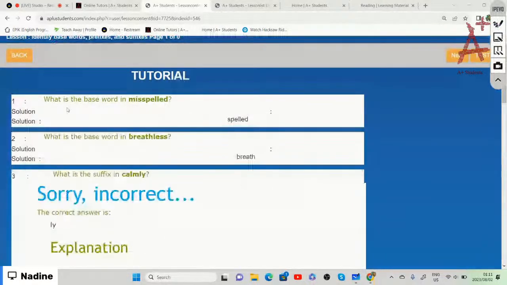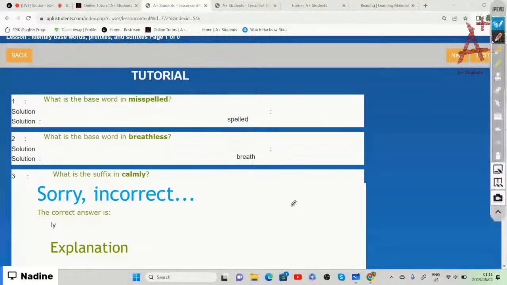So now it says, what is the base word in misspelt? We need to identify the base word in misspelt. If we identify the base word in misspelt, then we will say it is spelt. Spelt is the base word that can stand on its own, without adding the word mis, because mis is a prefix.